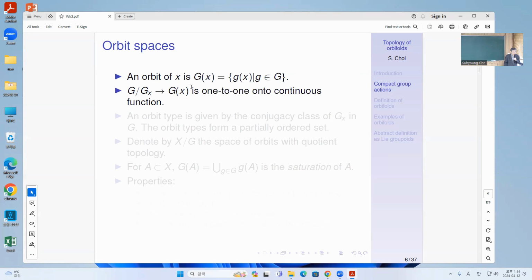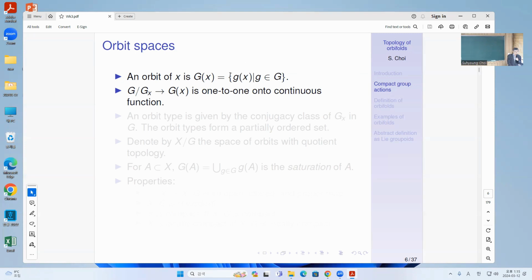It should be the left coset space, right? If you take any left coset, it doesn't matter which element you pick.